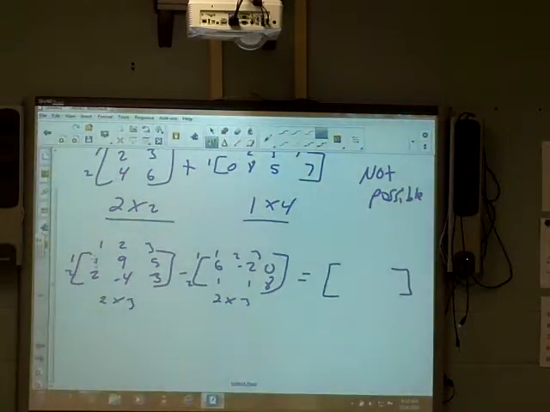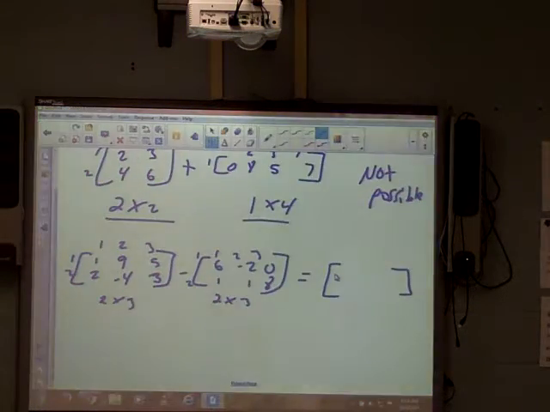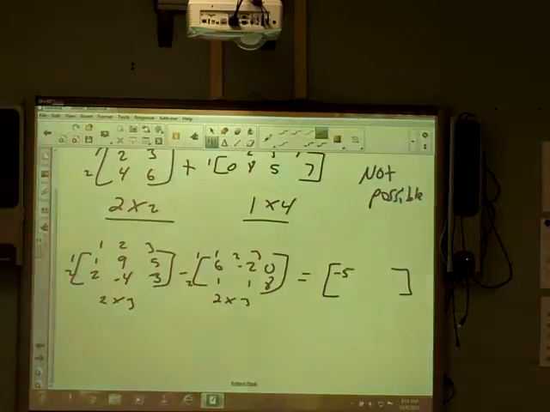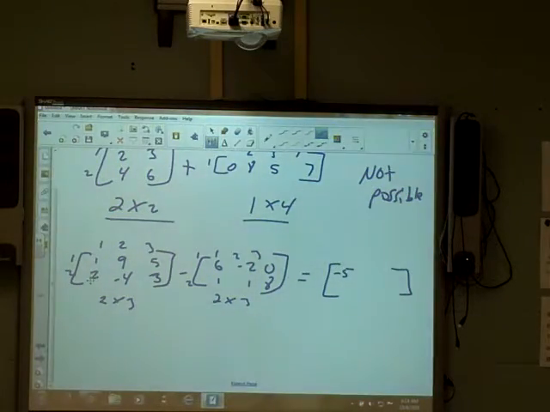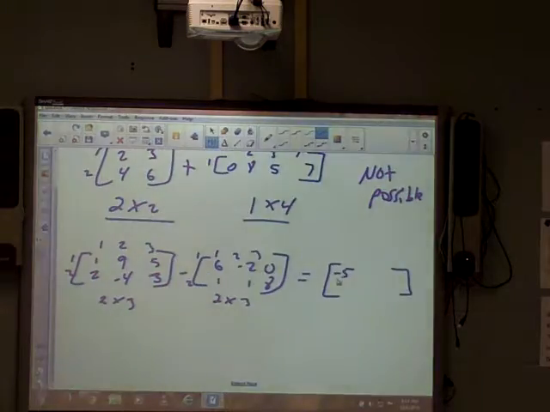So top left, 1 minus 6 gets me negative 5. It doesn't matter what order you go in as long as you put them in the corresponding location. Some people go across the top and do rows, some people do columns. I'm going to go down, bottom left: 2 minus 1 is 1.